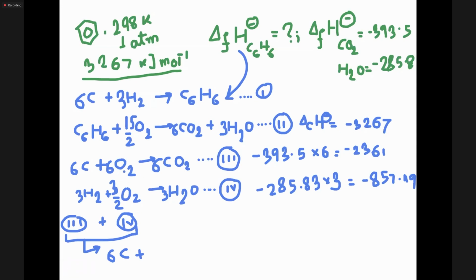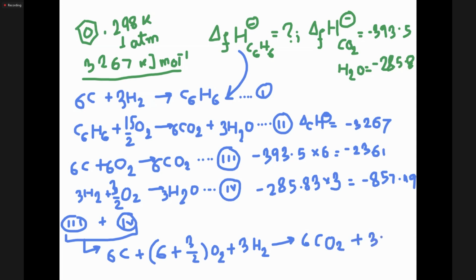So if the oxygen terms are common, we will add the stoichiometric coefficients over here. Here it is 6, here it is 3 by 2. So 6 plus 3 by 2 counts for 15 by 2. This is the oxygen stoichiometric coefficient. And also we have 3 moles of hydrogen, and this produces 6 moles of carbon dioxide and 3 moles of water.